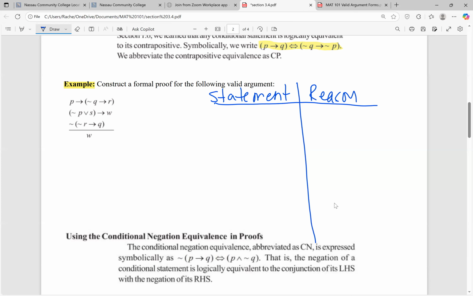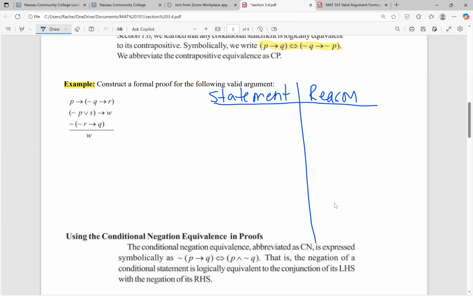And I see that this third premise is not R implies Q. And then I see the right-hand side of this first premise is not Q implies R, which is the contrapositive of not R implies Q, right?